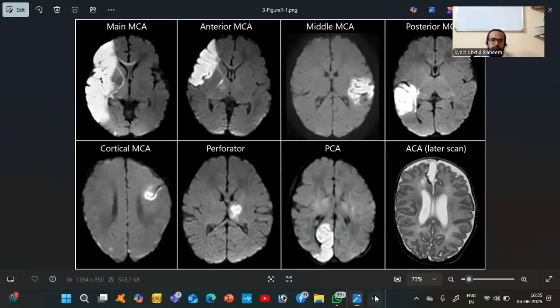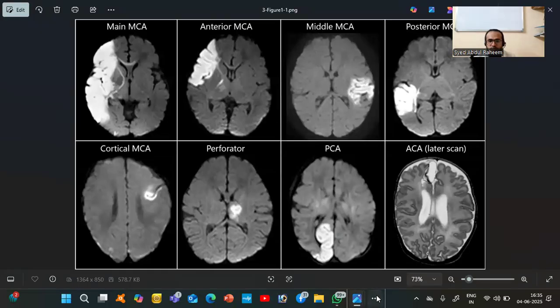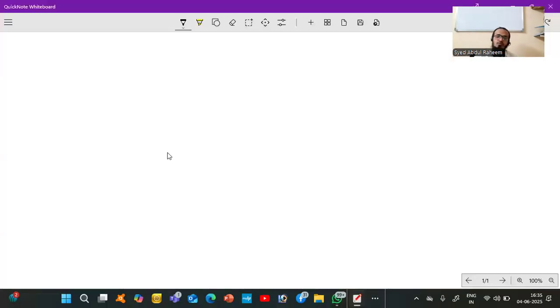So let's discuss how doctors will mostly plan after any stroke patient arrives. If any stroke patient arrives in the hospital, what do they do? Whenever a patient becomes unconscious, we have to remember that in stroke also we will have unconscious-like symptoms.